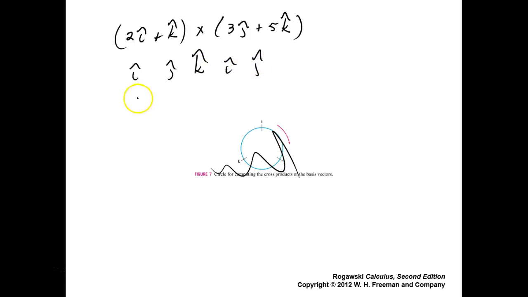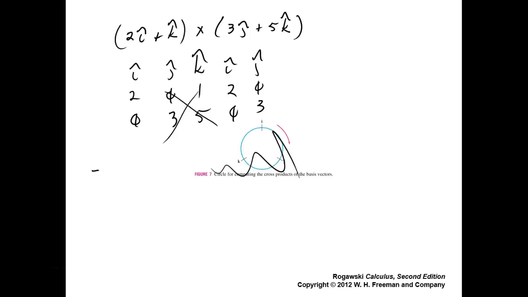This is my way. This is 2, 0, 1, 0, 3, 5. So this will be a 2, 0 and a 0, 3. I see where you get the 2 and the 0, where the 1 comes from, out of that first group. On the first, it's 2i, 0j, and 1k. Okay?